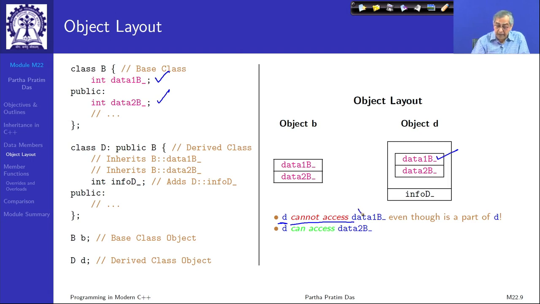But now, I have a data member in D which is populated in some way, because D directly cannot do it, because it does not have access to that. So, though it is a part, it cannot be accessed, whereas this is public, so this can be easily accessed. Right? So, this is the basic semantics of the object layout.